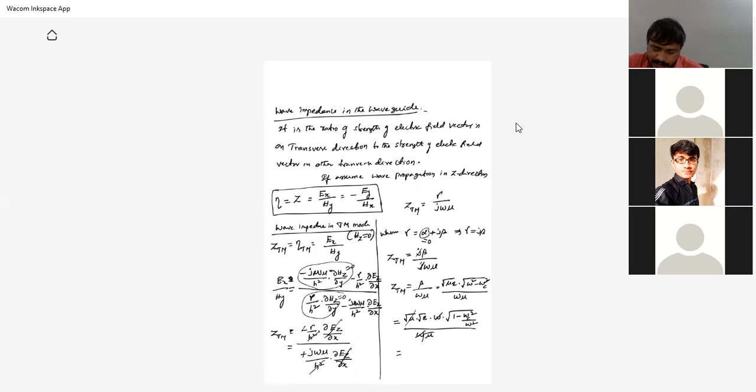So now ZTM is equal to root epsilon by root mu into root 1 minus fc by f whole square.